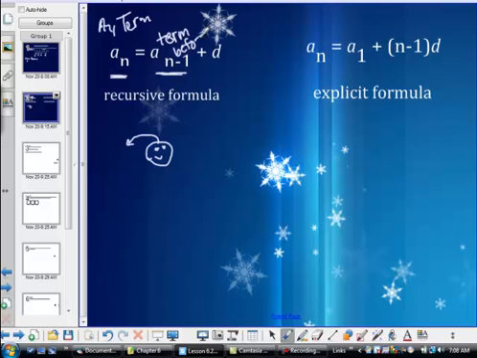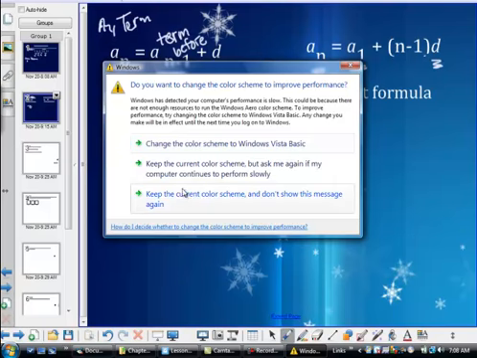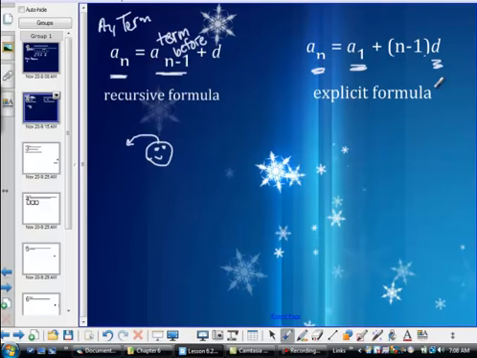Wow, the pen's not being good today. And that means the term before it. Now over here, notice what we got. We've got any term, the first term, and there's our D for common difference. In the next example, I'll show you how the explicit formula is much more powerful than the recursive formula.